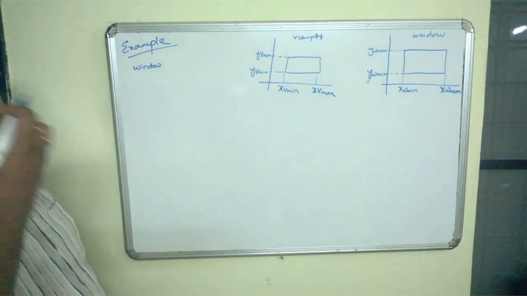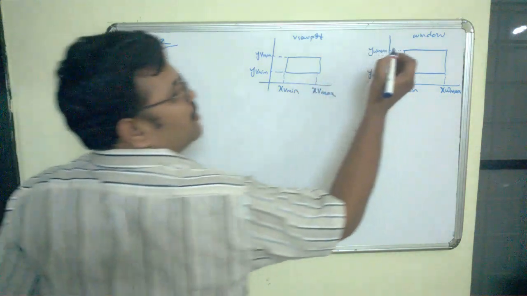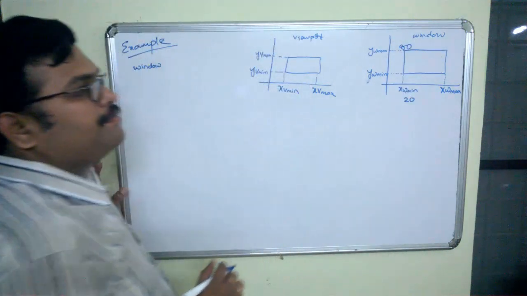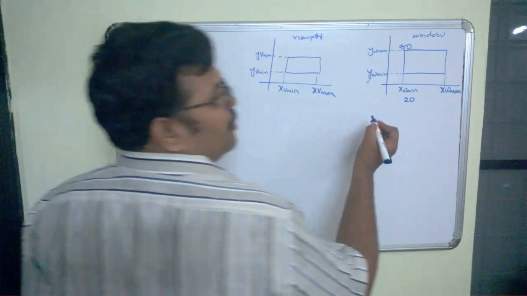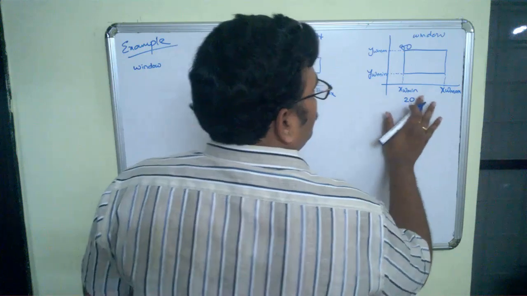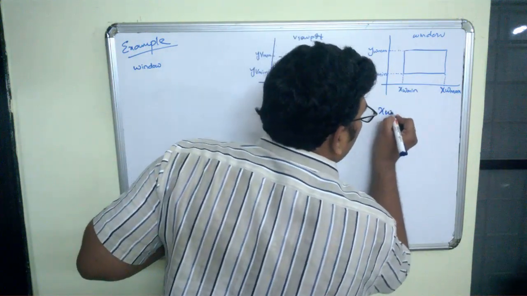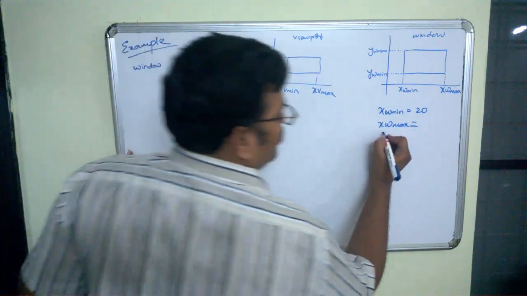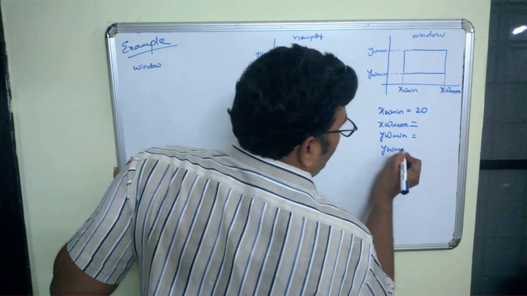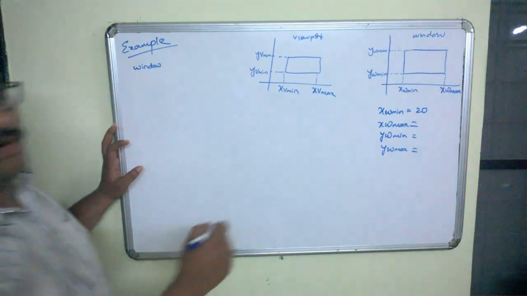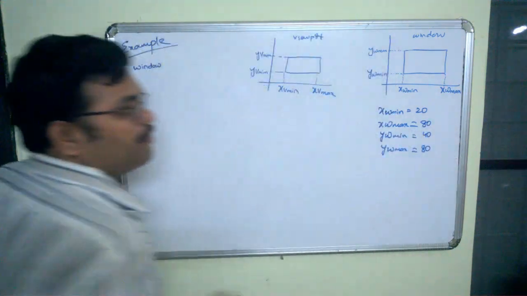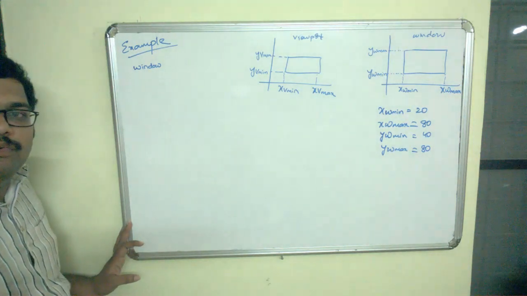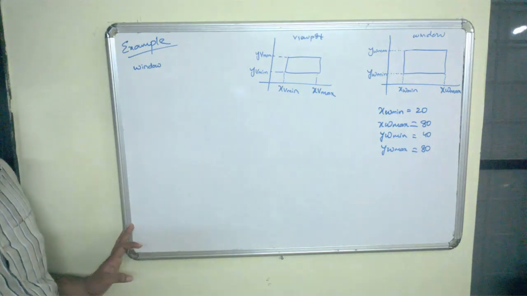Now let us have a problem. Let us have an example with the window boundaries as XW minimum is equal to 20, XW maximum is equal to 80, YW minimum is equal to 40, and YW maximum is equal to 80.